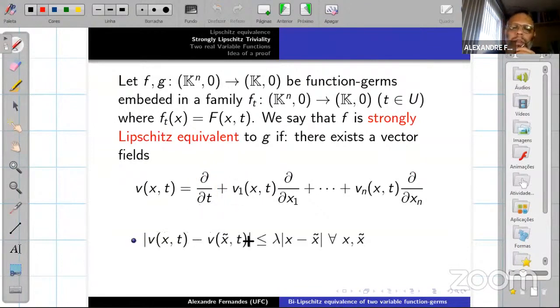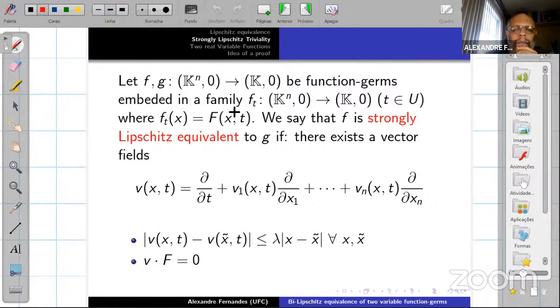This vector field is Lipschitz in the variable x. And these equations mean this vector field is tangent to the fibers of the function f.